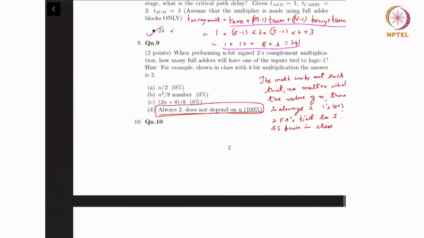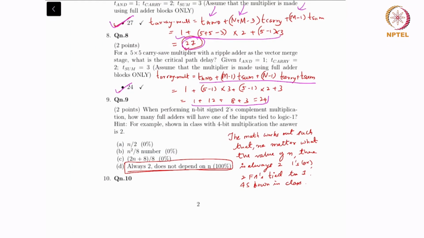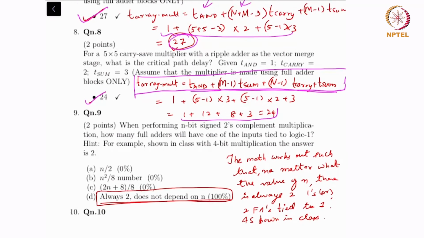Upon construction, we can devise this formula, and hence for a general case of an n cross m multiplier, right? So when we plug in the values and calculate, we obtain the answer 24. 24 is the right answer for question 8.